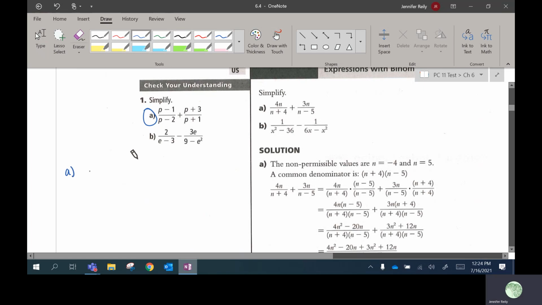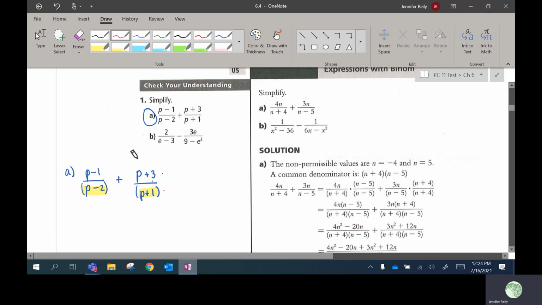I'm just going to rewrite it here, p minus 1 over p minus 2. I like to put the denominators in brackets so I can recognize them as actual factors. And then p plus 3 over p plus 1. Okay, so the denominators are totally different. So that means that we're going to have to multiply by the other one to make them identical.